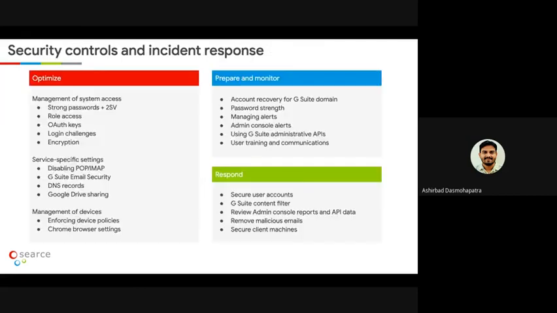So the next part is security control and incident response. Optimize these kinds of things. Management of system access: we would recommend a strong password with 2SV. A strong password means at least 10 characters or more, with two-step verification.